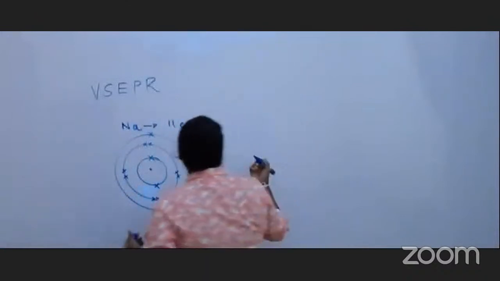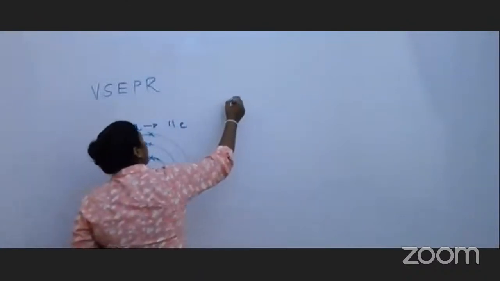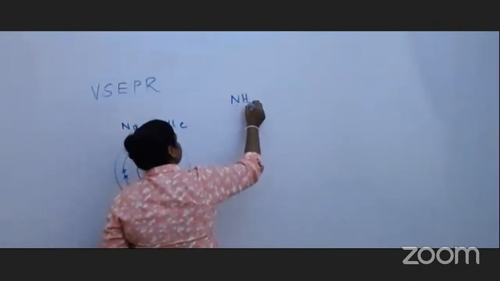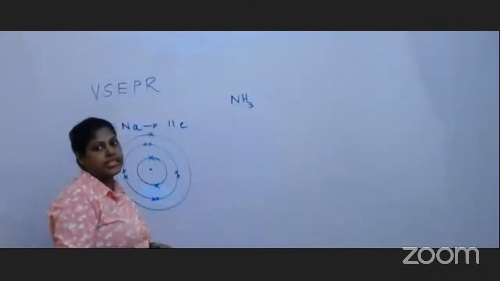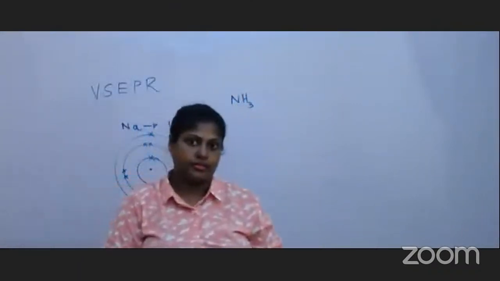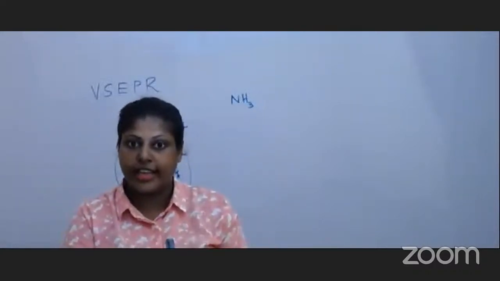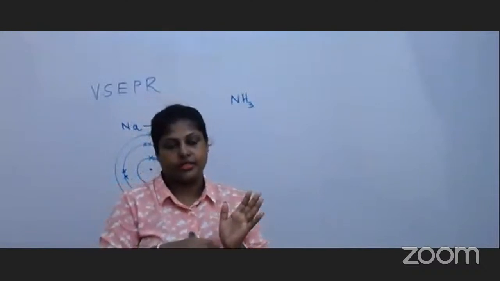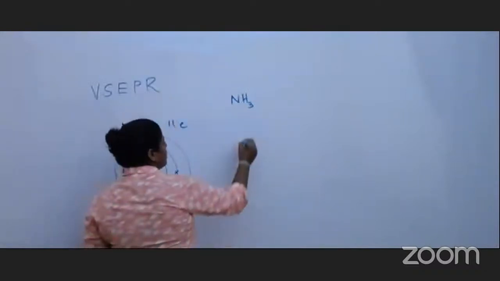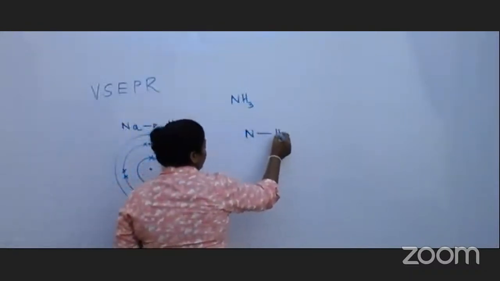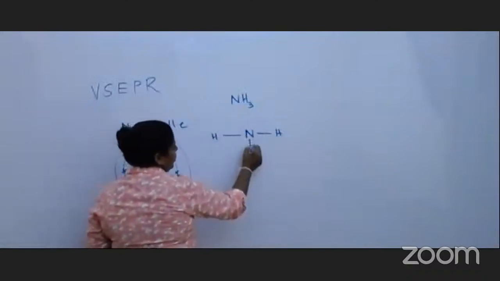But when you take a molecule like ammonia, ammonia is a simple molecule. Bonds form between nitrogen and hydrogen atoms. When you draw the structure of ammonia, this is the Lewis structure of ammonia.